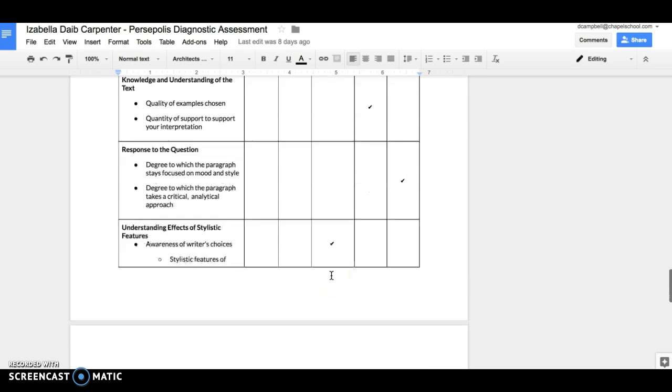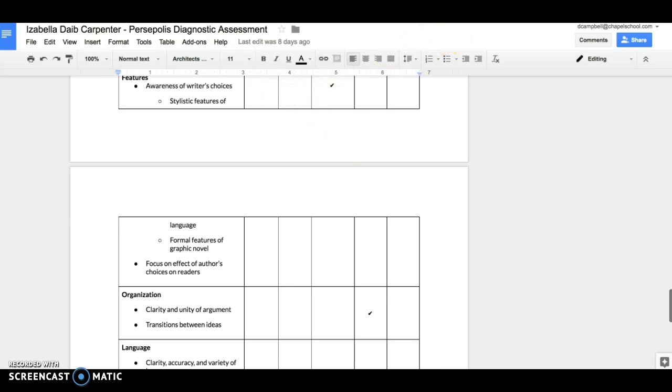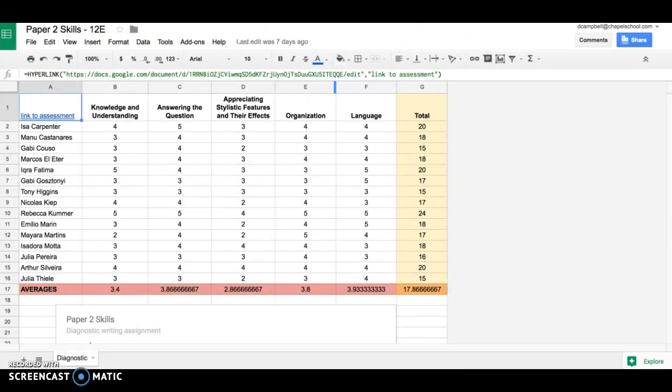These check marks here I chose to enter into a spreadsheet to make it a little easier for me to keep track of. I know that I want to use this same rubric for several assessments, so I'm just going to add sheets down here as time goes on, and I'll be able to merge them at the end of the unit to see how they're progressing in each particular area.